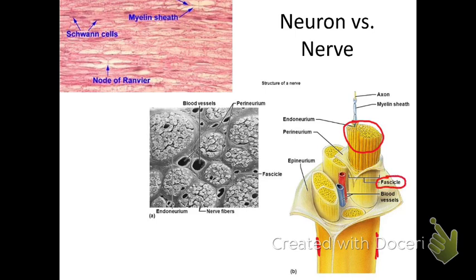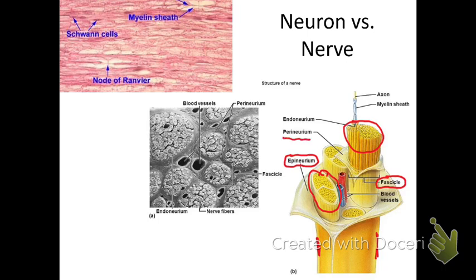Remember, in muscle we had individual muscle cells wrapped in groups called fascicles. Same idea in a nerve. In a nerve, the outer layer of connective tissue is referred to as the epineurium. The groups of fascicles are surrounded by a layer of connective tissue referred to as the perineurium.